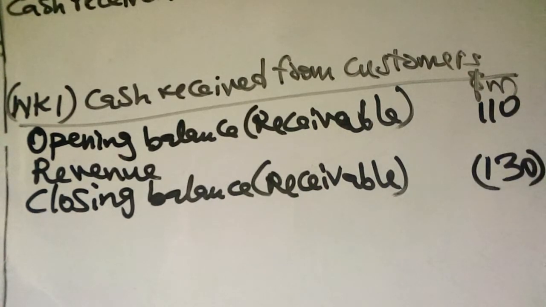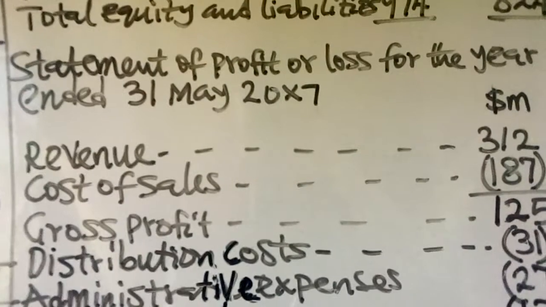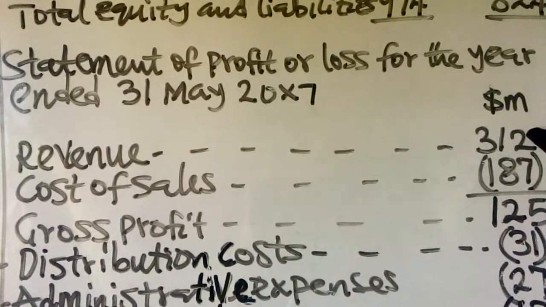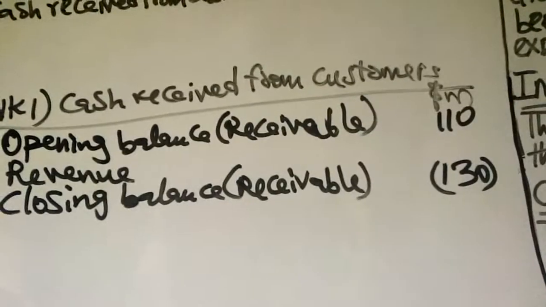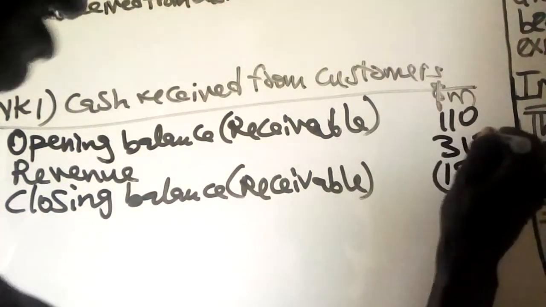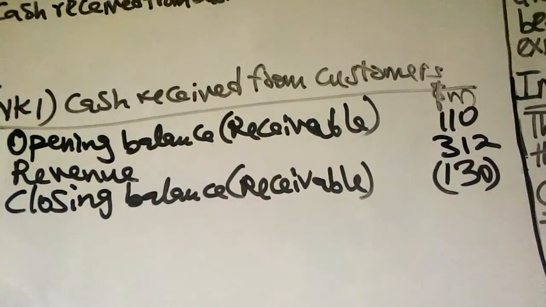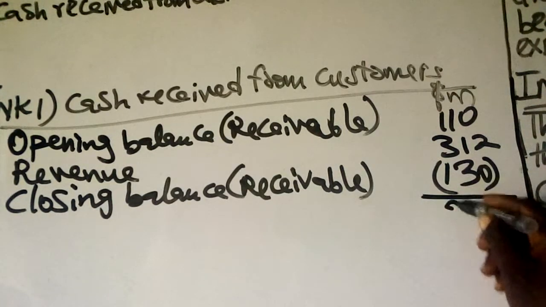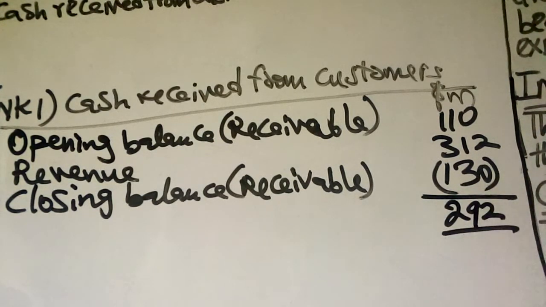Our revenue in the statement of profit or loss is 312. So we have opening balance plus revenue minus the closing balance. That will give you the cash received from customers. The difference is 392. This 392 is the amount of cash received from customers.